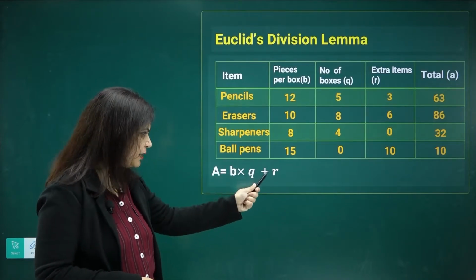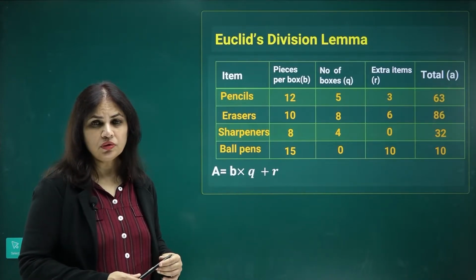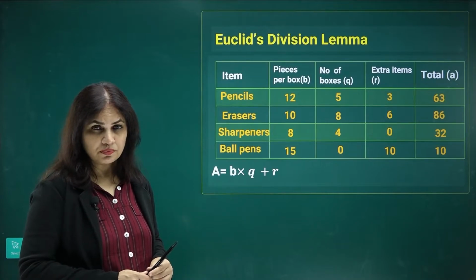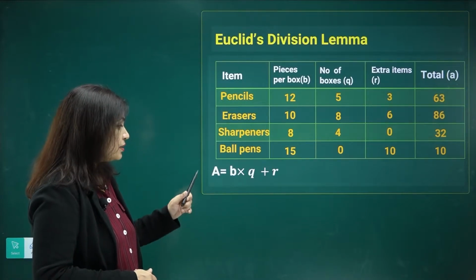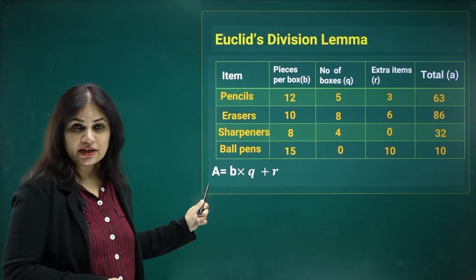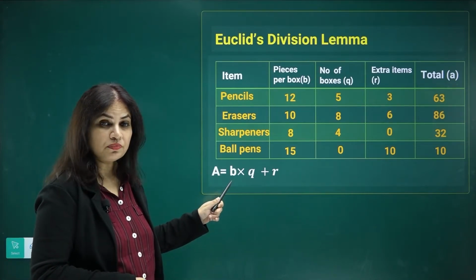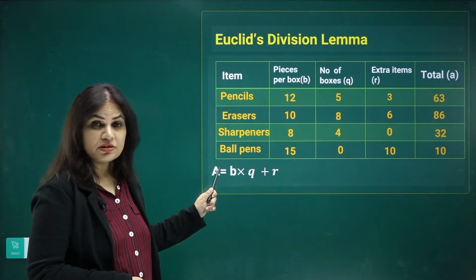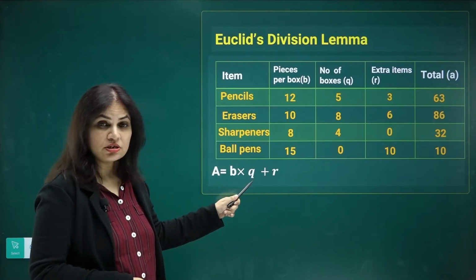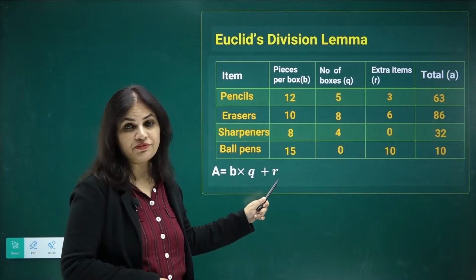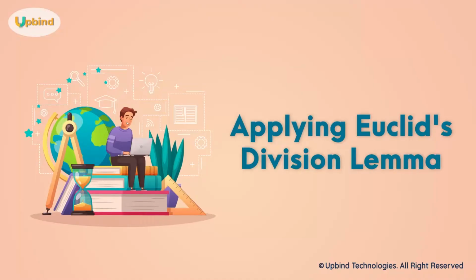So we have been doing this all through while doing division also, that I consider this A to be my dividend. Dividend is always equal to quotient into divisor plus the leftover remainder.